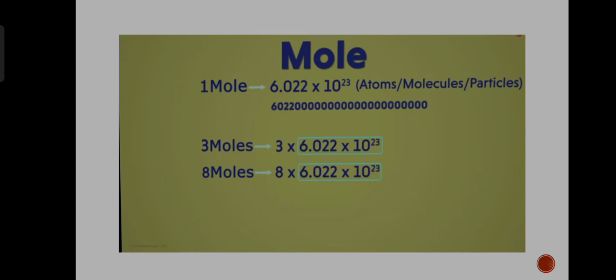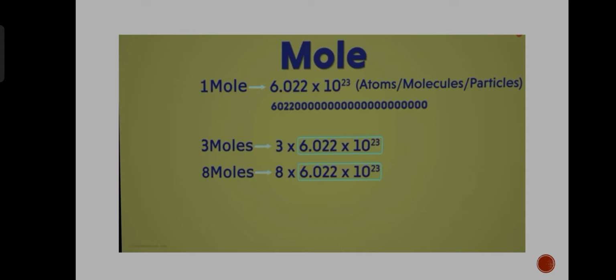You know that mole is a unit that we use in chemistry to calculate the number of particles, because we cannot calculate the atoms in grams, in milligrams, in dozens, or in pairs.